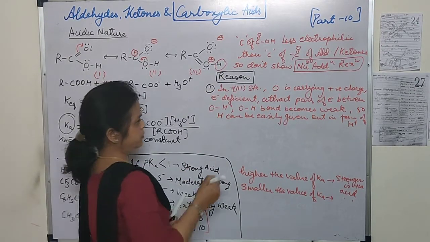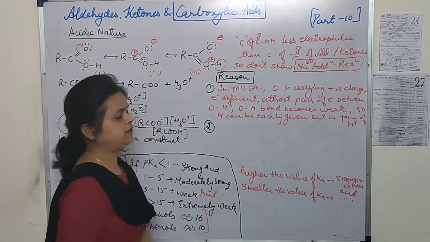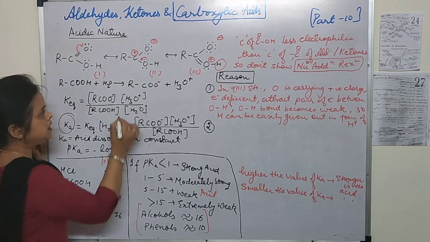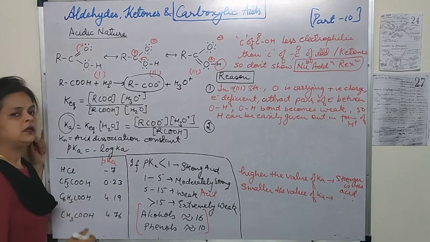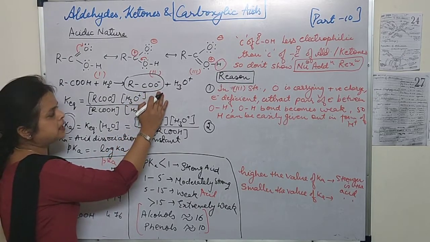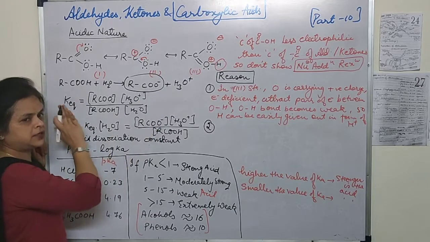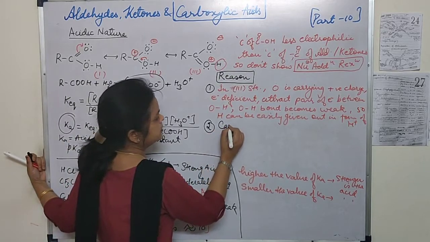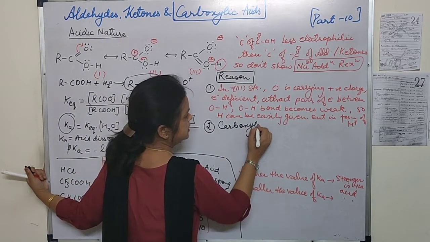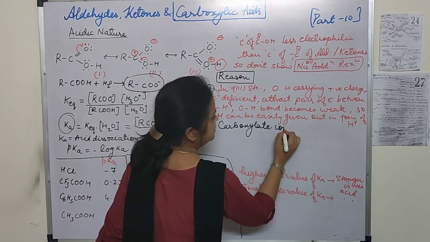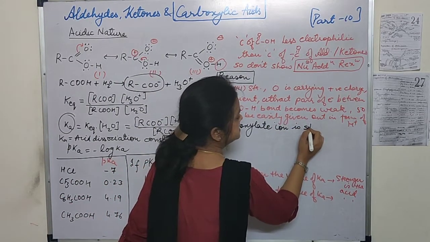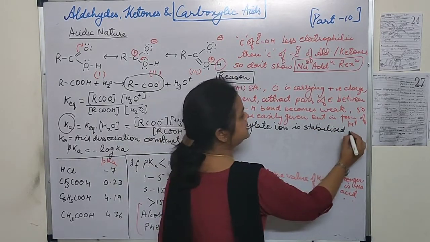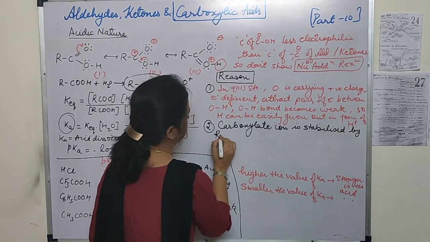And the second reason, what can we write over here? Second reason, see students, when RCOOH is forming the carboxylate ion, if we can prove that this carboxylate ion is stable, then we can say yes, the reaction will move in the forward direction. So the second reason is that the carboxylate ion is stabilized by resonance.